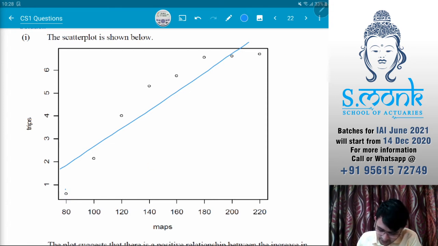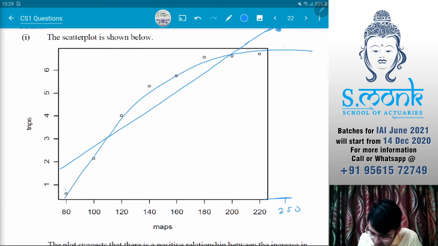So if you are trying to predict any value in the future, let's say for 250, the problem would be that the line would suggest the value to be somewhere here, but the curve, you can see the curve, is going in this direction, so you will have a big error.